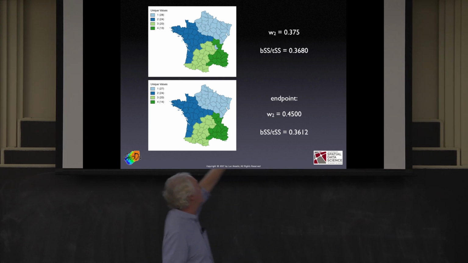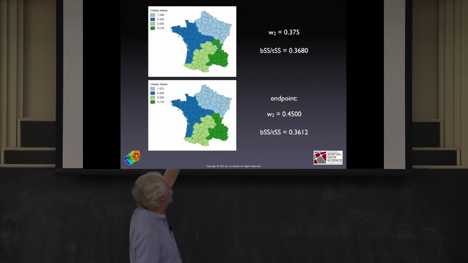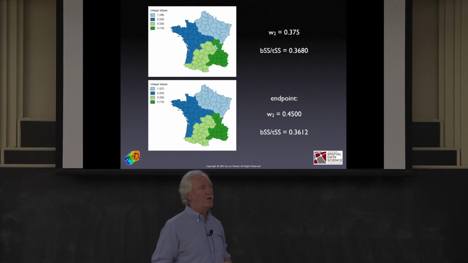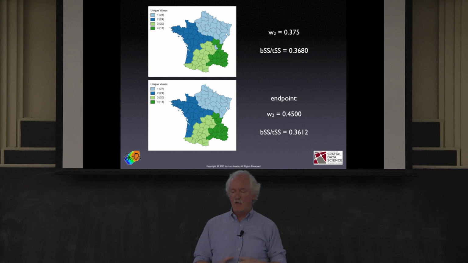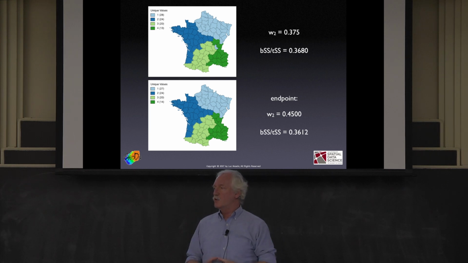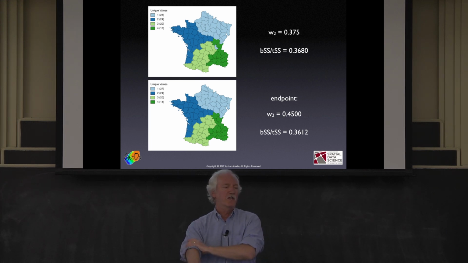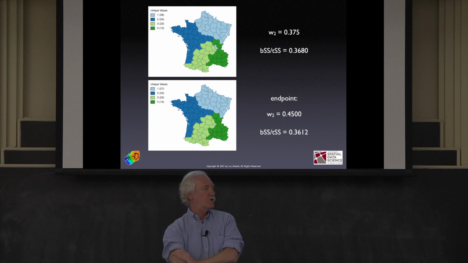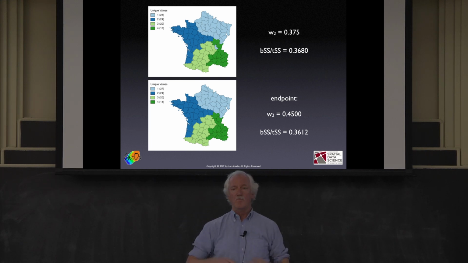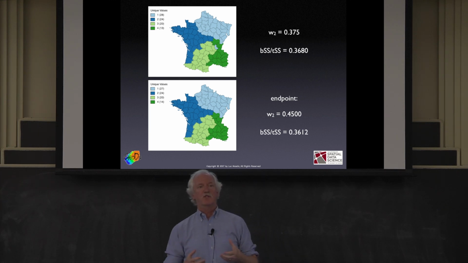This goes down a little bit. But if you keep doing this for a while, you stop at 0.45. And that's contiguous as well as you can do on the objective. It's a procedure to get you a solution that satisfies the contiguity constraint and has the highest attribute similarity given that constraint.